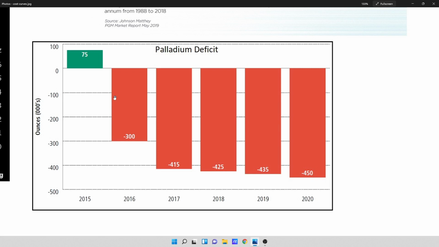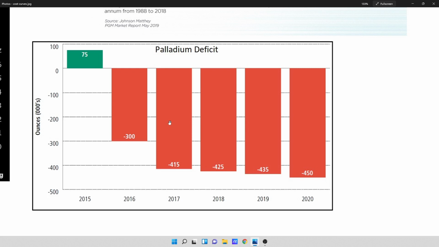When palladium reaches over about 2 times the price of platinum, and right now we are over that, we are going to substitute platinum for palladium. And that's going to drive demand for platinum. And these deficits are going to have to slow down. So they're going to slow these deficits down by putting in platinum.